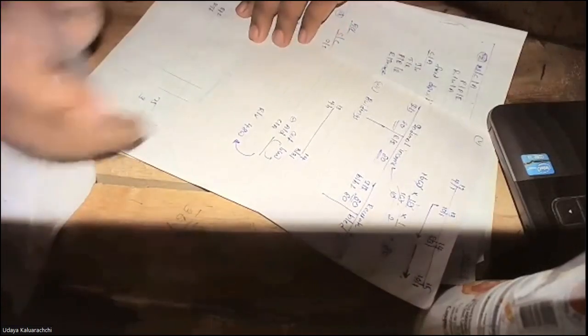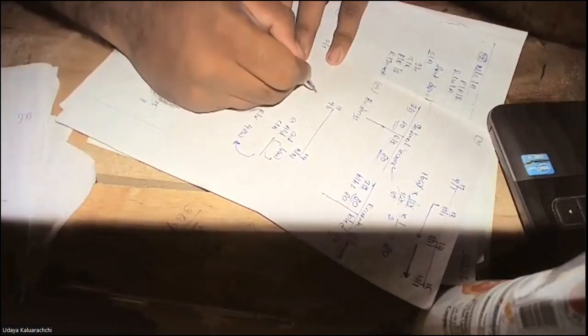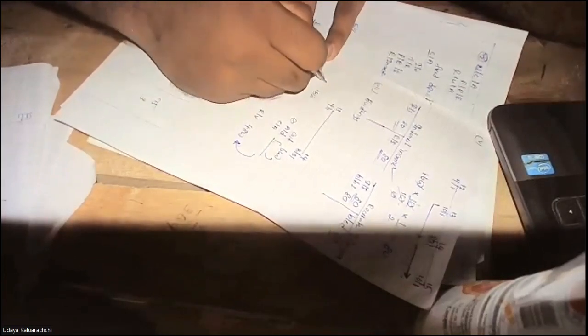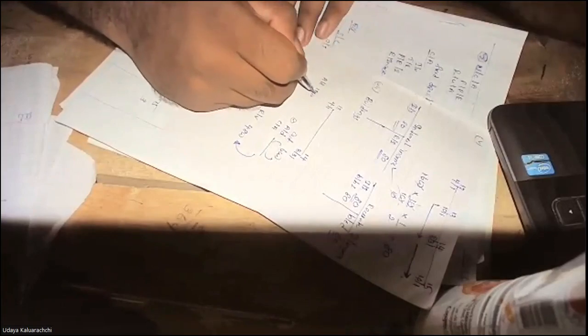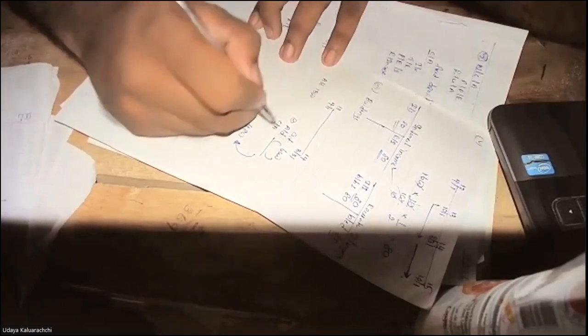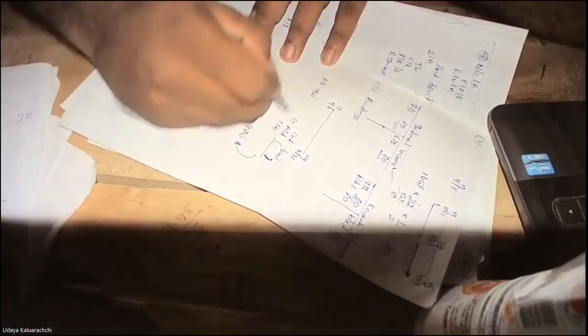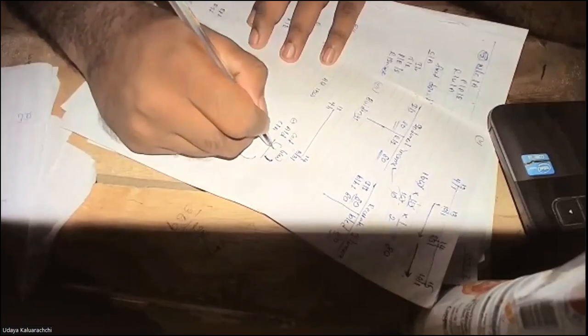Accumulated depreciation as at April 1st, the opening date, is 1,500. But here we have to record the accumulated depreciation at the end of the accounting period.